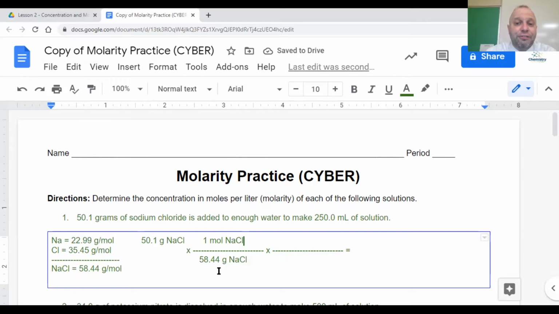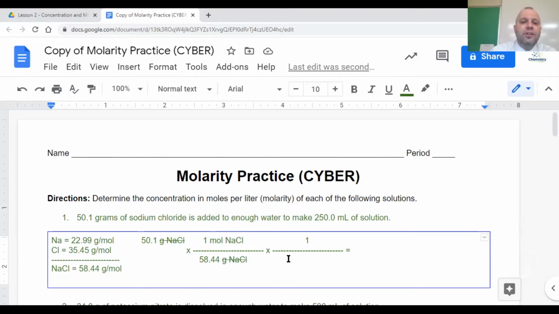In my second fraction, remember that I want to end up with moles per liter. If we take care of crossing out units right now, once my grams of NaCl cross out, I have units of moles of NaCl on top, which is great, but I need to get moles per liter.